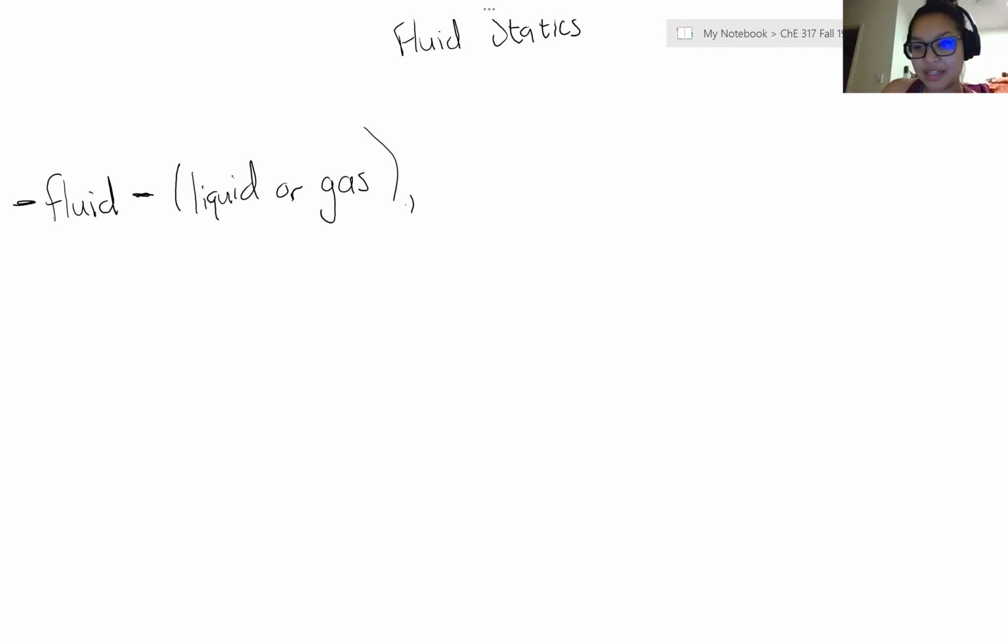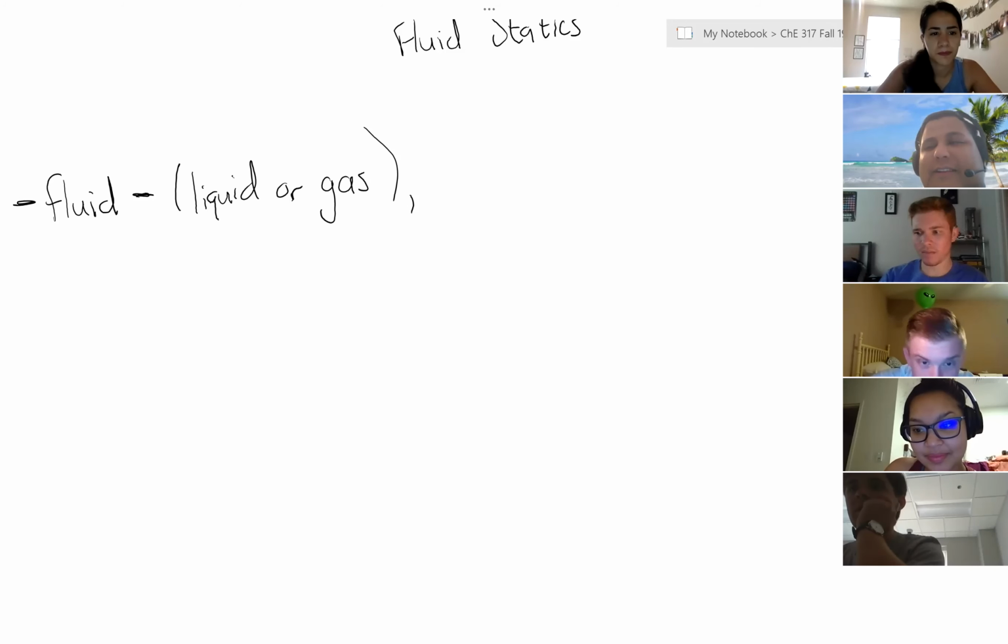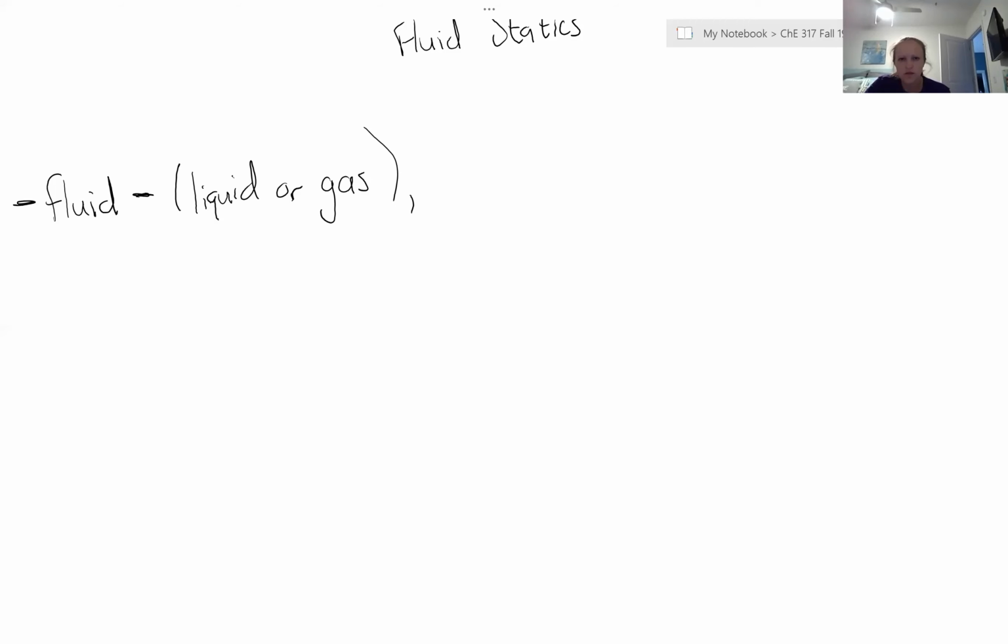Just more generally, is it like a substance that doesn't have shape necessarily? Yes and no. That's part of it. You are on the right track. Would it be a substance that deforms under shear stress? Yes.